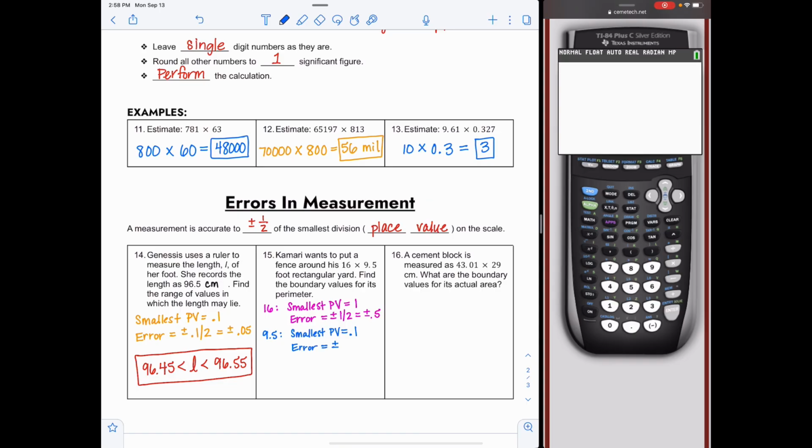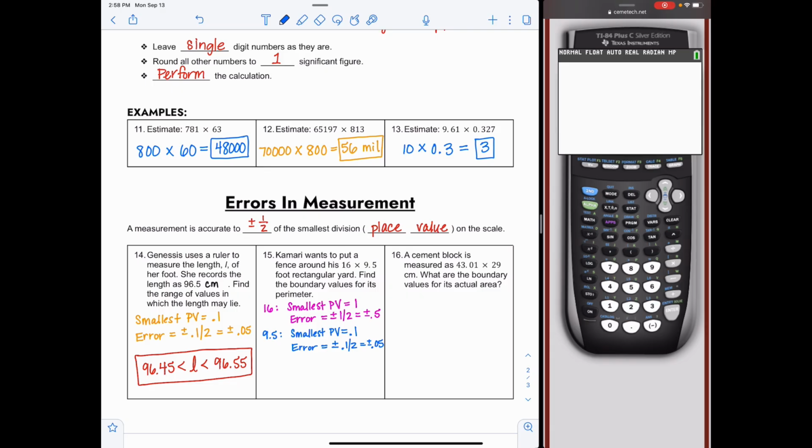So when we want to find our error, we're going to have plus or minus 0.1 divided by 2, which is equal to plus or minus 0.05. All right, so I'm going to calculate the perimeter with the lower bound, and then I'm going to calculate the perimeter with the upper bound.